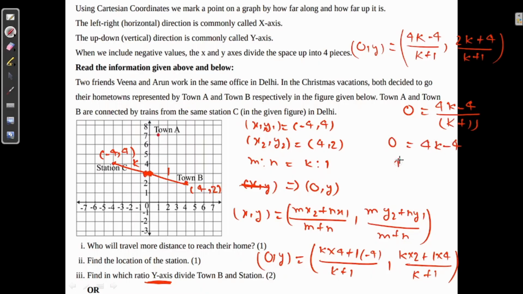This minus 4 will come here as plus, which is equal to 4k. This 4 and 4 will be cancelled. The value of k is 1. What was the ratio? m is to n. It was k ratio 1. The value of k is 1, so the ratio in which they are divided is 1 is to 1. Okay, so I hope everyone has got the correct answer. If not, just try to solve it as I have solved.